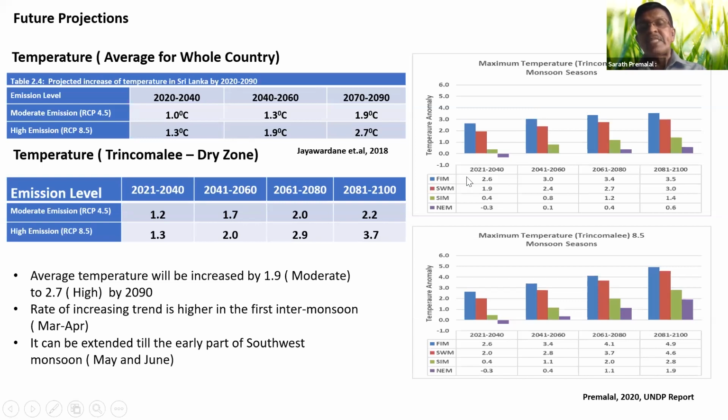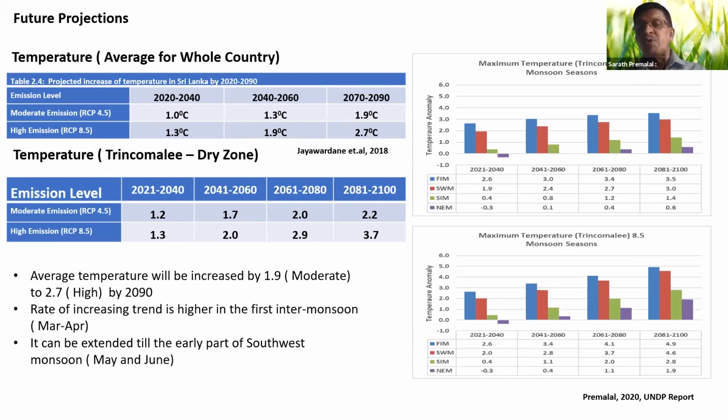You can see that for the first winter monsoon, the temperature increase is much higher than the other seasons. Even for the next two decades, 2021 to 2040, the temperature can increase by 2.6 degrees for the moderate emission scenario, and it is almost the same for the high emission scenario.